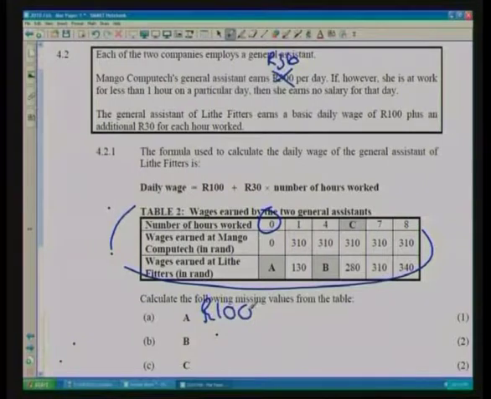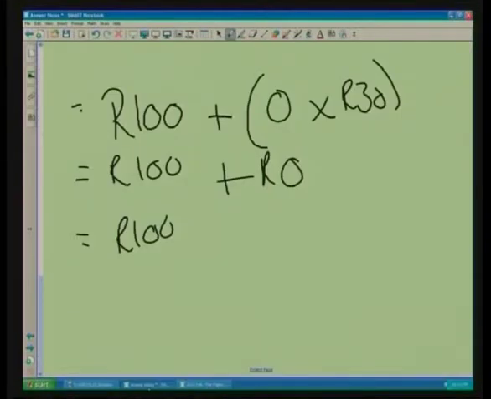Well, let's look at our formula again. We know we're getting 100 Rand just straight off plus 30 Rand per hour. Now we've just said we are now working 4 hours. And according to your calculator, you will discover that 4 times 30 is going to give you 120.